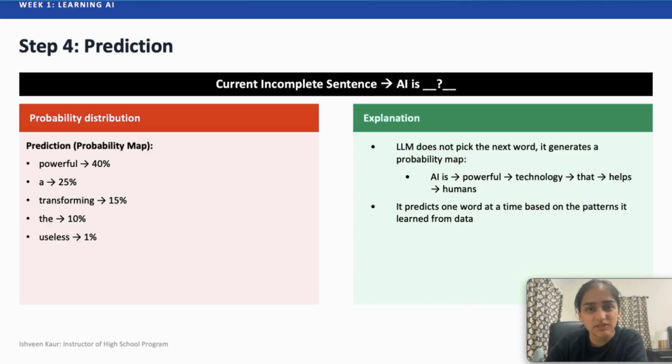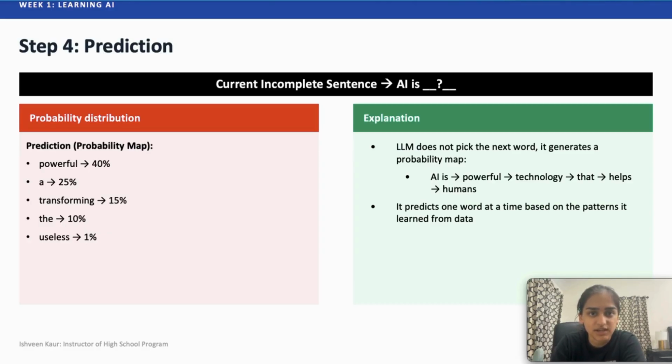It doesn't always pick the most probable one, and we'll go over later on why this is, but it just picks one based on some mechanism and adds that word to the sentence. And then it runs the whole thing again, creates a new probability distribution, and generates a new word. This process just keeps on repeating until it comes to its final word and decides to stop generating text.